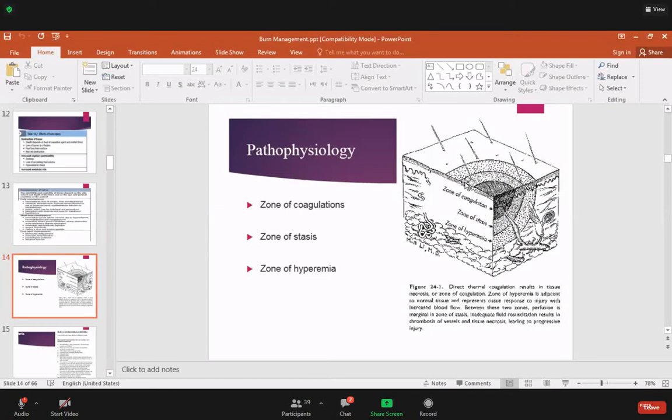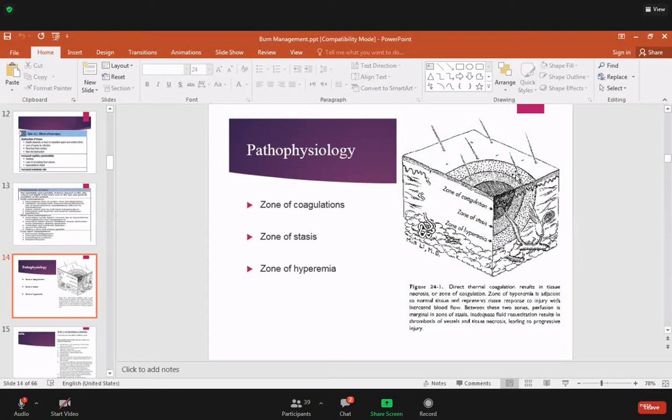Then we go to the outermost part, which is closer to the viable tissue. This zone is called hyperemia, because as a result of the injury, the body's response mechanisms come into action and the blood supply to that area is increased. So the area adjacent to the normal tissue is hyperemic, having a lot of blood supply.